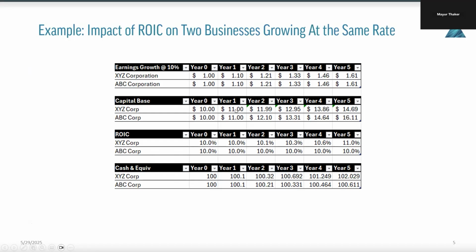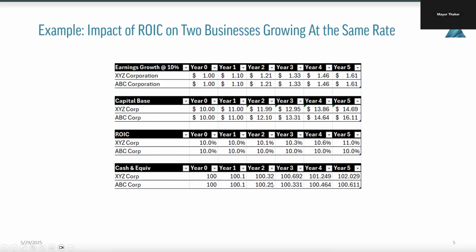That is an increase of 99 cents. So we generated $1.21 of earnings that year, and had to only reinvest 99 cents of that. So the excess amount is roughly 22 cents. So this went from $100.10, and that increased by 22 cents. So that gives us $100.32.